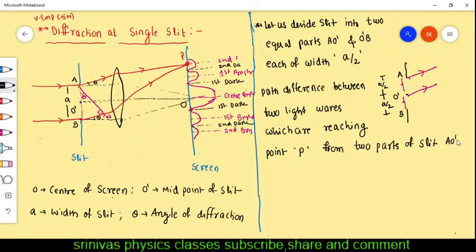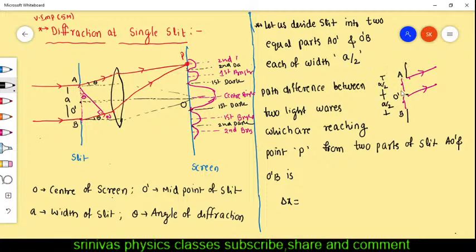The parts A O dash and O dash B, I want the path difference between the two light rays. In this figure, one ray is coming from the upper part A O dash, and the other from the lower part O dash B. These two rays meet at P, and I want the path difference between the two light waves reaching point P from the two parts of the slit.